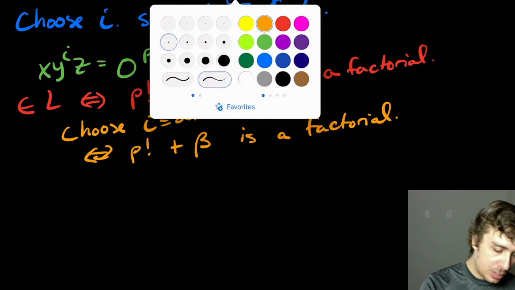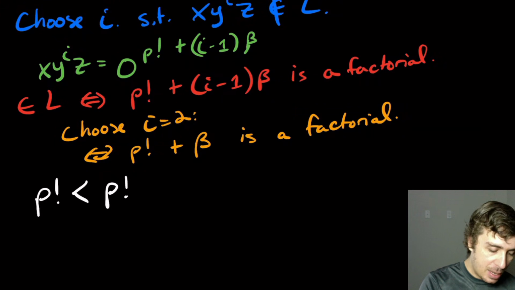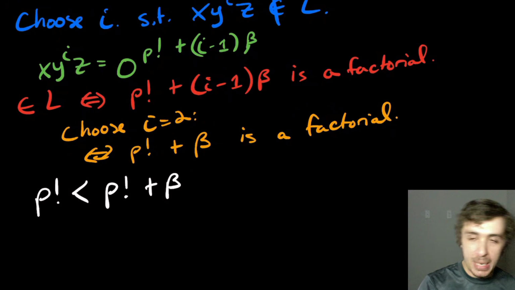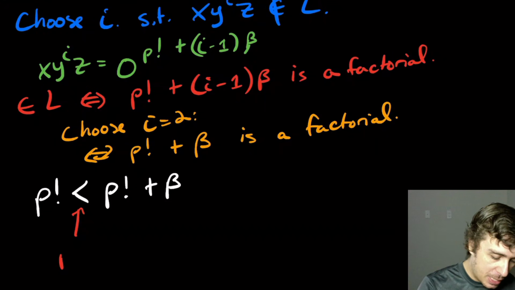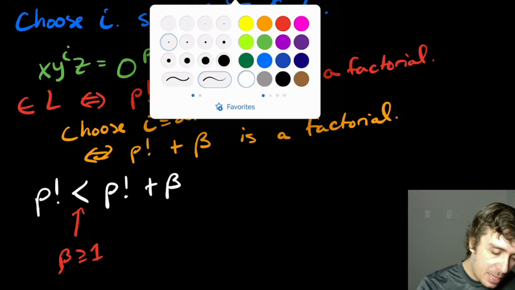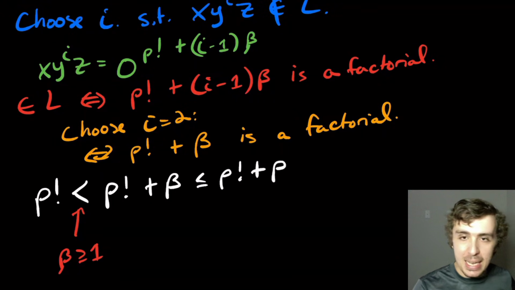So p factorial is strictly less than p factorial plus beta, because beta is at least 1. It turns out to be at most p factorial plus p.